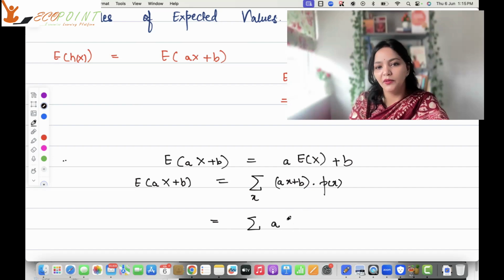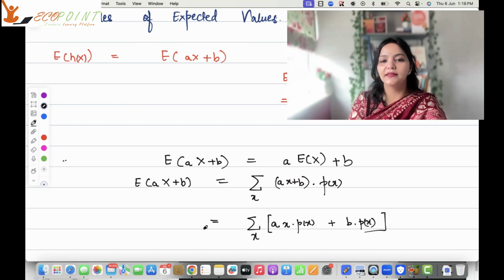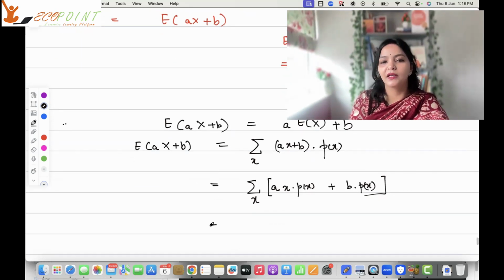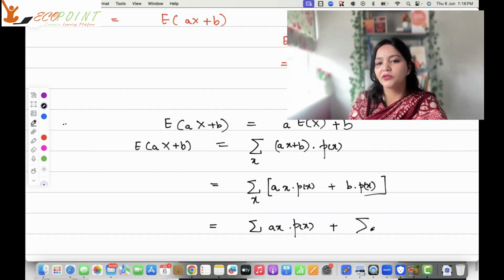If you open this up, you get a x into px plus b times px summed over all the x's. So observe that this summation, just take it inside. You can break it up and you have ax into px plus summation b times px.